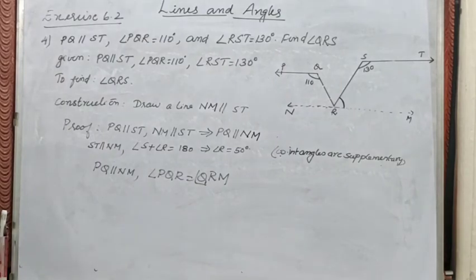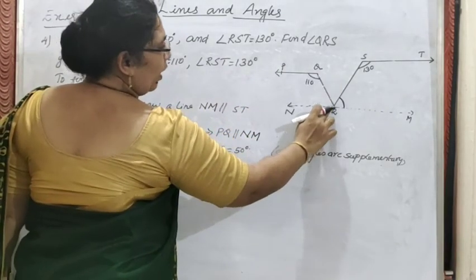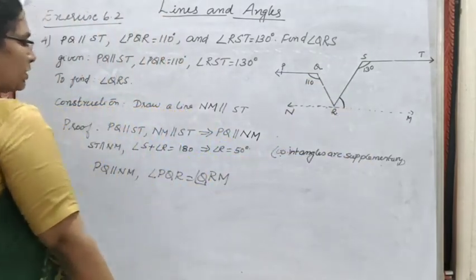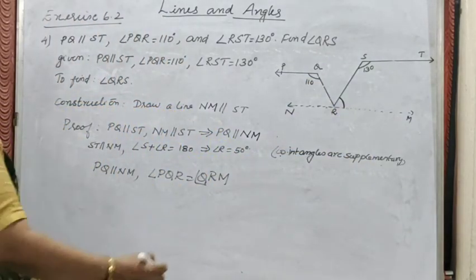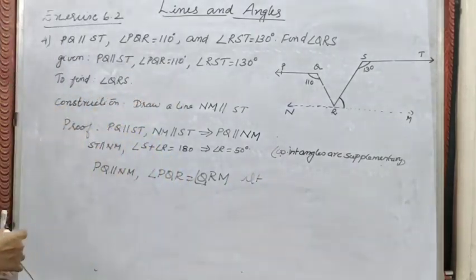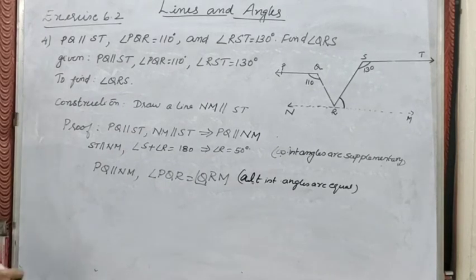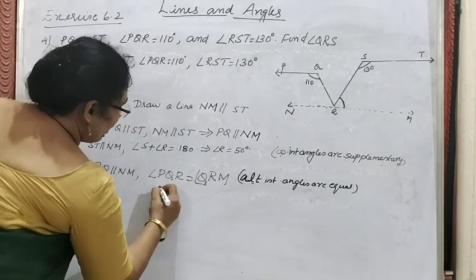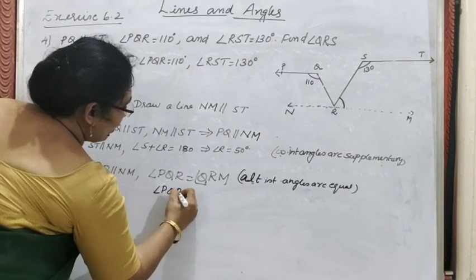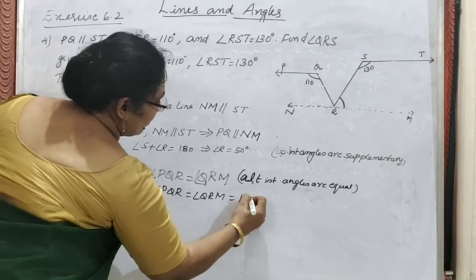PQ parallel to NM, so angle PQR equal to QRM. What is the reason? Alternate interior angles. That means PQR equals QRM equals 110.